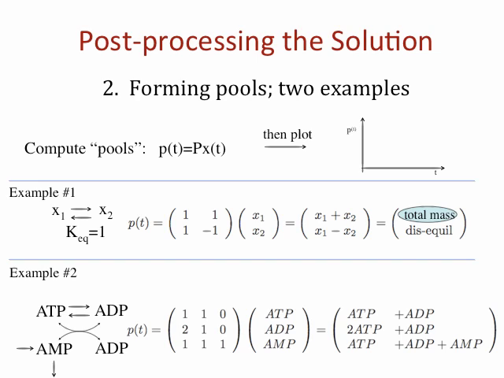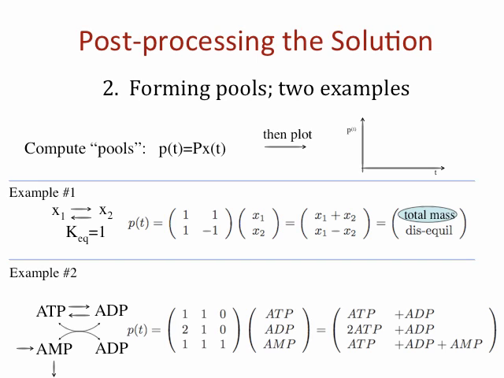The second example of this slide shows this. This is the reaction schema we studied in lecture number 2 that shows the basic trafficking of high energy phosphate bonds amongst the adenosine phosphates.